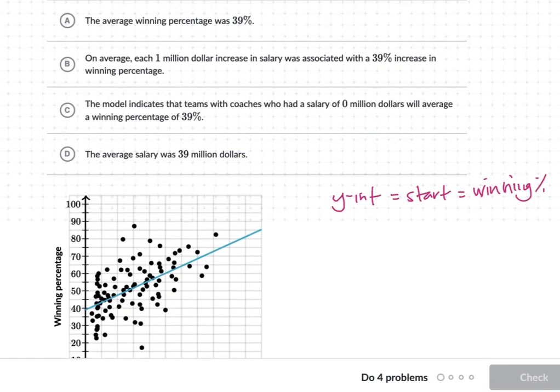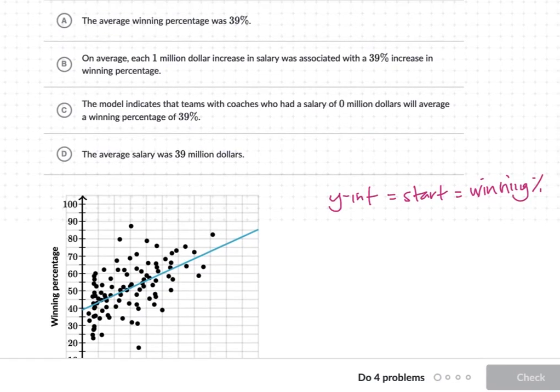Let's go through our statements. Does the 39 mean that the average winning percentage was 39%? Maybe. I mean, the line kind of goes through it's the trend, so what's happening over time, the pattern. So A could be it.